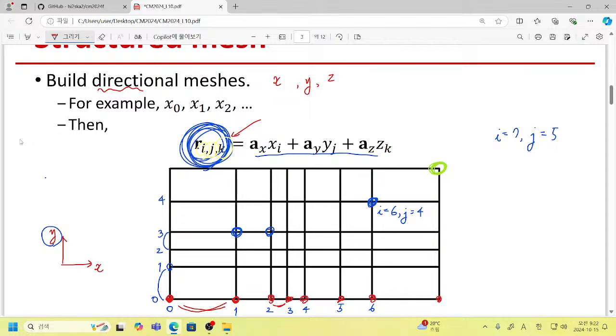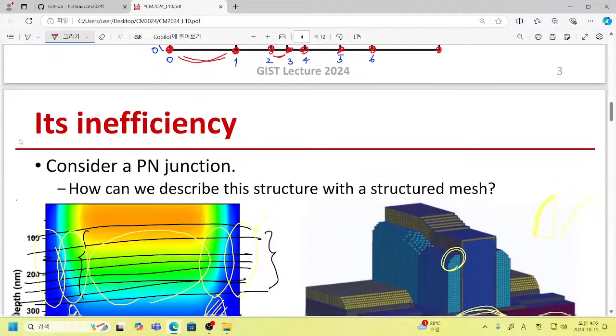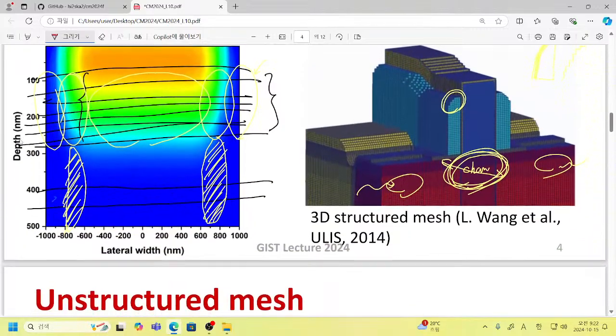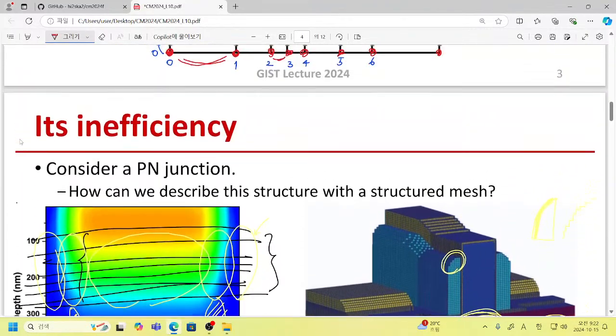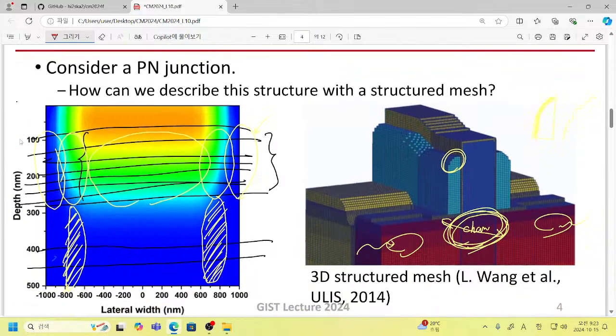It is quite attractive, but in exchange for this easiness of implementation, the side effect is the inefficiency of your mesh structure. So there are pros and cons. Yes, that is the situation.